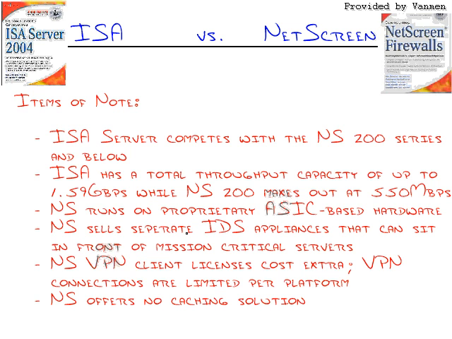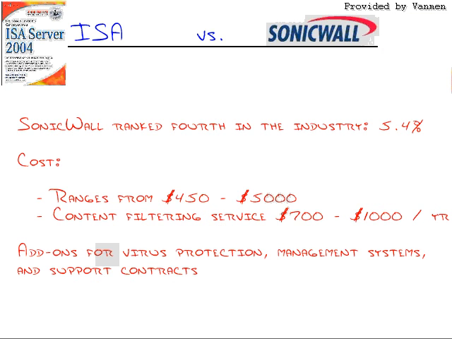By the way, the NetScreen 200 is $10,000, just to give you a price point on that. So it really is double the price of IsoServer in a lot of ways, but again, meets a different market. NetScreen offers no caching solution at all. They refer you to third parties to provide that, and that is one of the things that IsoServer does out of the box.